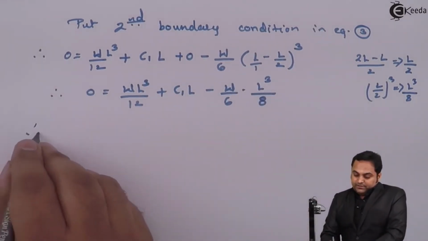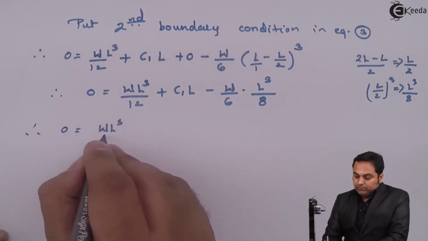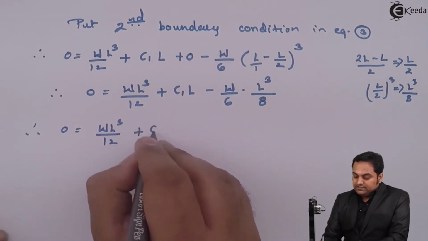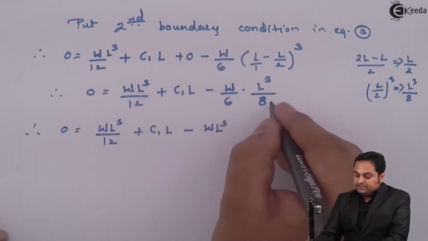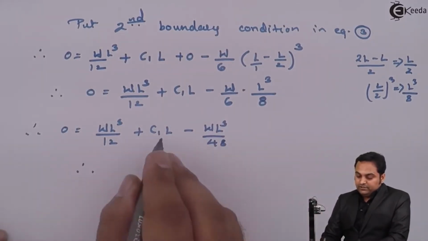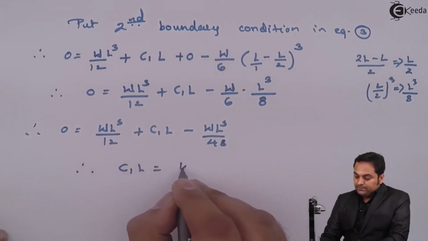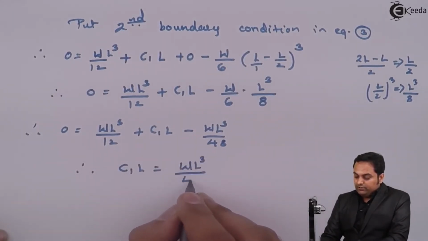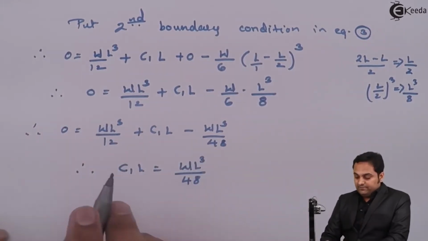Now, therefore, here we have WL cube by 12 plus C1 into L minus WL cube by 6 into 8, that is 48. We want the value of C1, so I'll shift this term. So C1 into L becomes WL cube by 48. It is negative. When it goes on to the other side, it is positive.